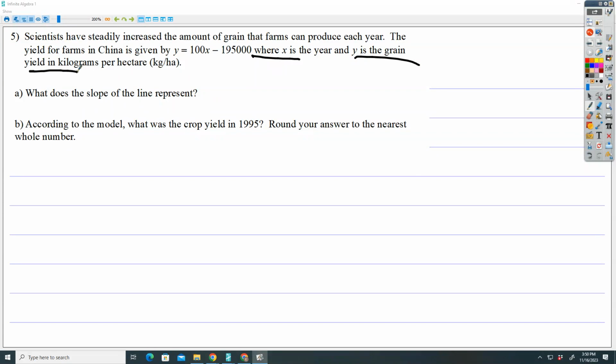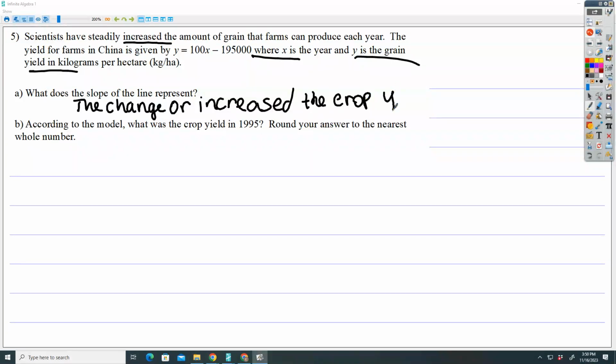What does the slope of the line represent? We can say the change, in this case it's an increase. And ask yourself, what does y represent? Y represents the crop yield. Then we tie in that x is the year, so each year.